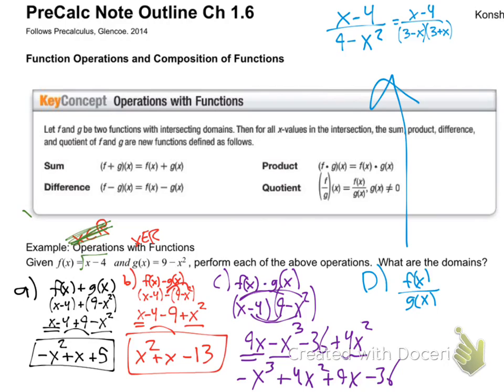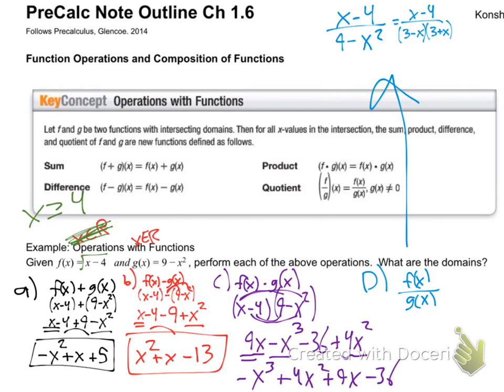X has to be greater than or equal to 4. So if I join something with a domain where I'm only allowed to put 4 or greater in, with an all real, their joined domain defaults to x greater than or equal to 4, because I'm not allowed to put anything less than that into that part of the function.